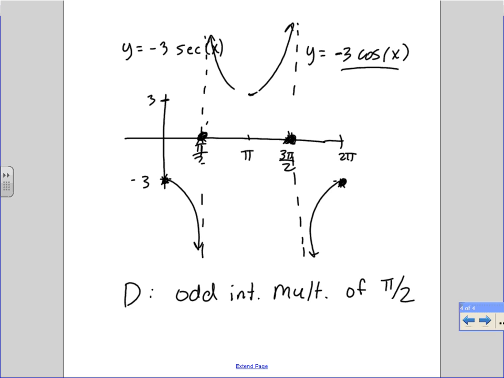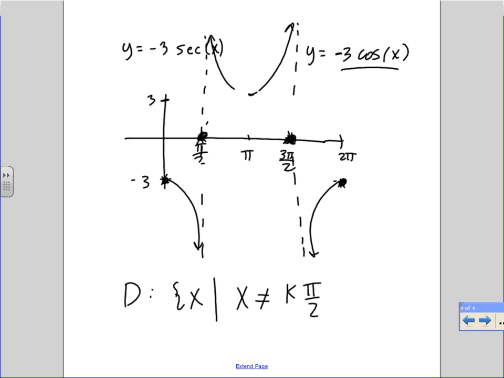So I should say what x cannot be. I'm going to write it the way your answer choices would say: for all x such that x cannot equal k times pi over 2, where k is an odd integer.